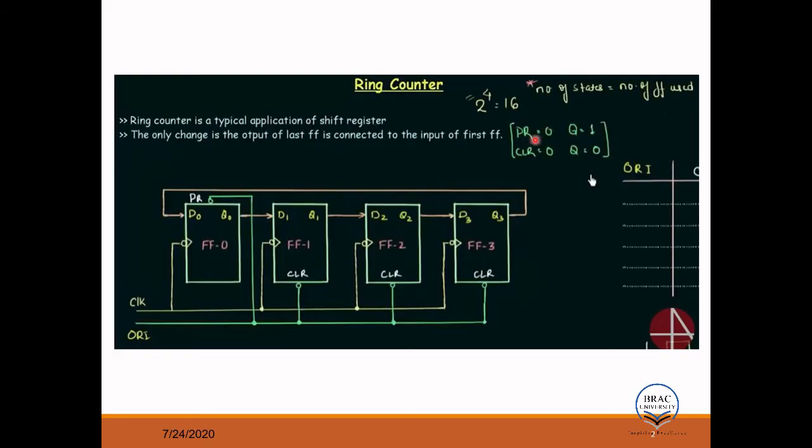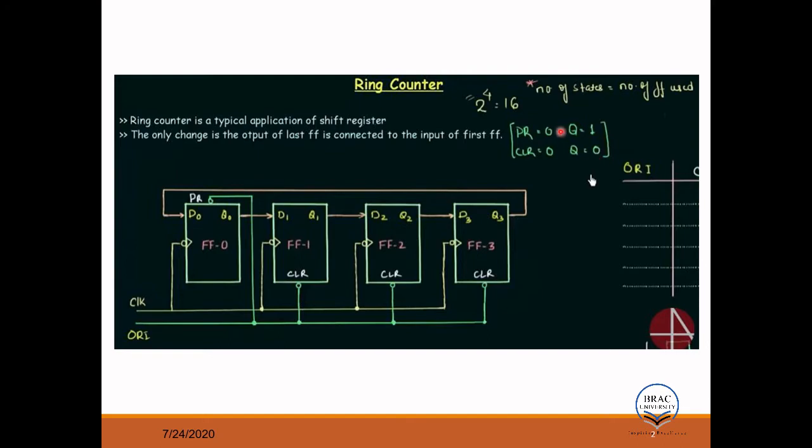Preset low means setting the flip-flop to 1, and clear low means setting the flip-flop to 0. Set 1, clear 0, right? So it will only be activated when your override is activated, right? Preset and clear will be activated when override is activated. Okay.